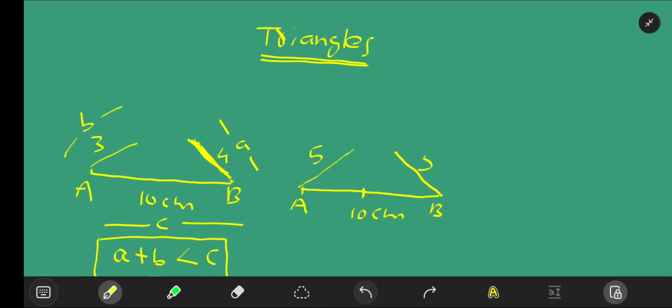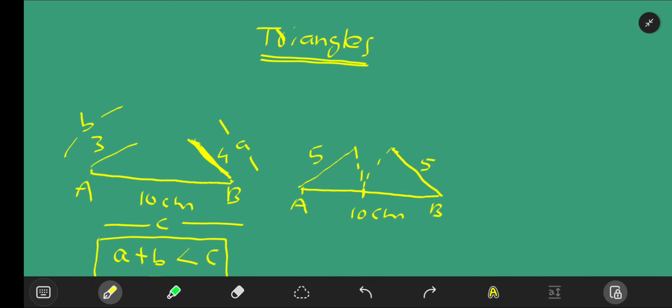If you drop them onto the line AB, these both lines will meet each other only when they coincide with the line AB.